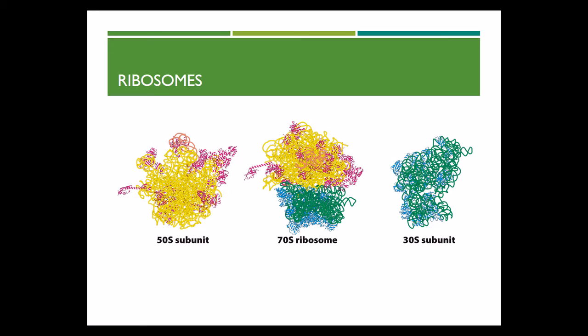If we look at E. coli, the ribosome sediments at 70S and is composed of two subunits, a large 50S subunit and a smaller 30S subunit. The 50S subunit is composed of about 34 different proteins and 23S RNA, as well as a 5S RNA. The 30S subunit contains 21 different proteins and a molecule of 16S RNA.